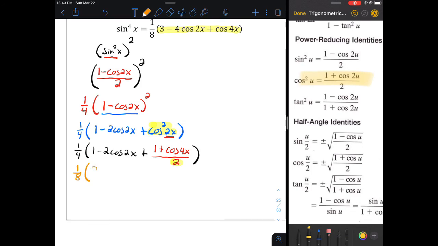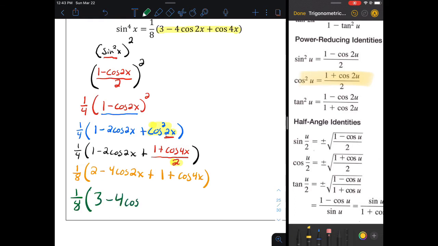So it becomes 2 minus 4 cosine of 2x plus, and then I just have my numerator here, 1 plus cosine of 4x. And then all that's left is to combine our like terms on the inside, and we have 1/8 times 3 minus 4 cosine of 2x plus cosine of 4x. And that's my right-hand side.